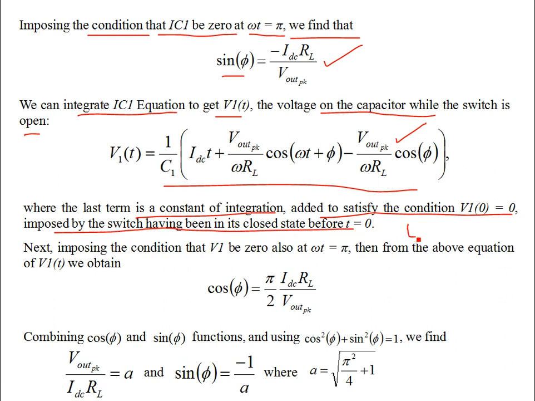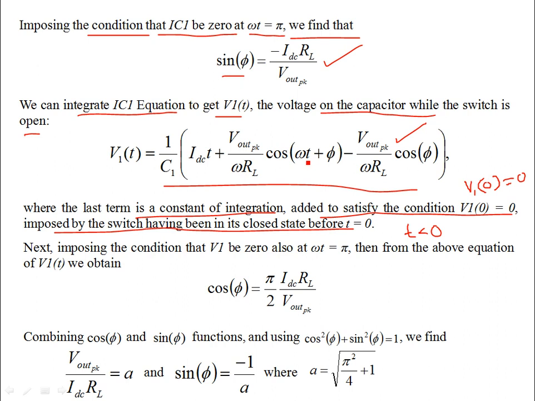So before t equal to 0, the switch is closed, and if the switch is closed, then that means V1(t) is 0. So V1 of 0, or before that, before time 0, is 0.